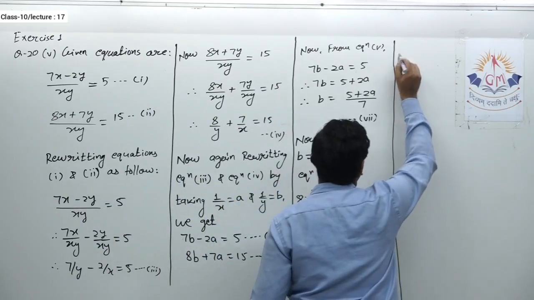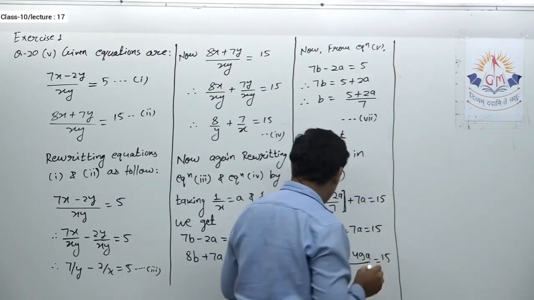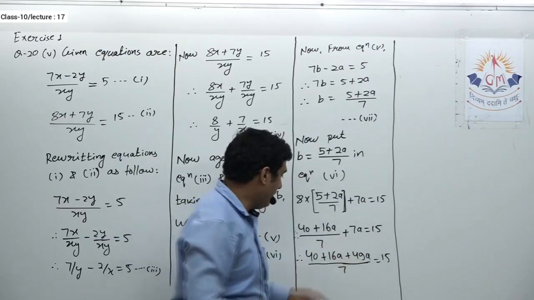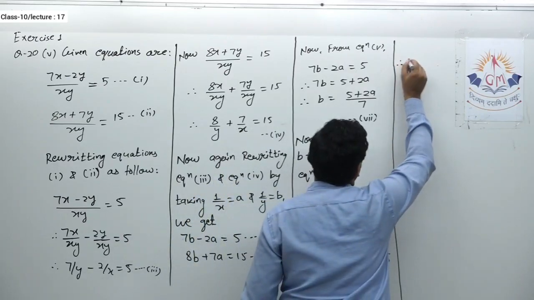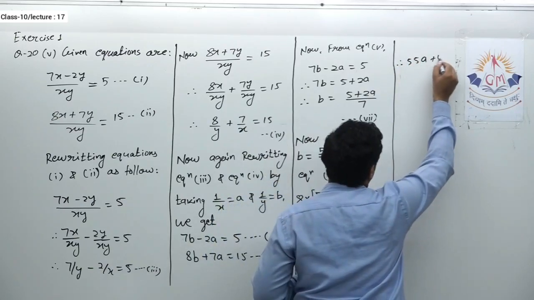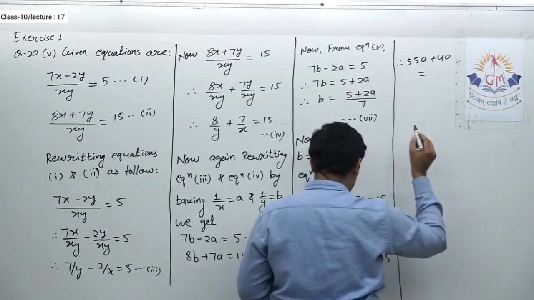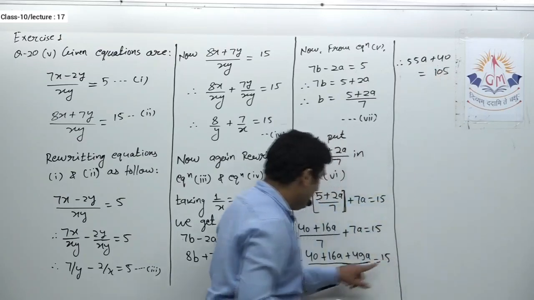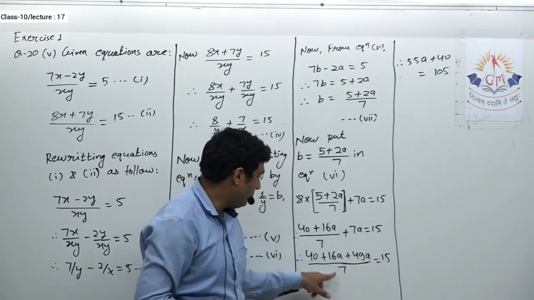So here I can write 49 plus 16, 65a, plus 40 is equal to 105. 15 into 7, that is 105.